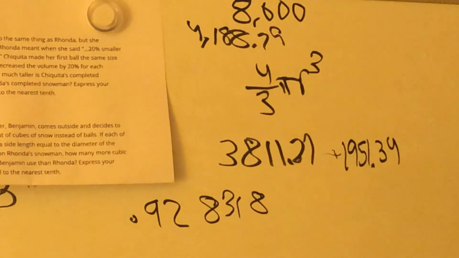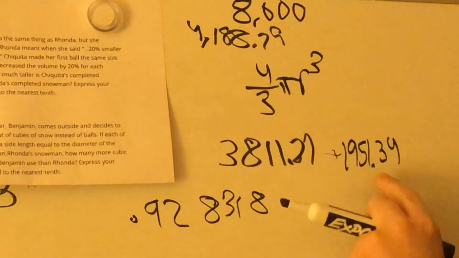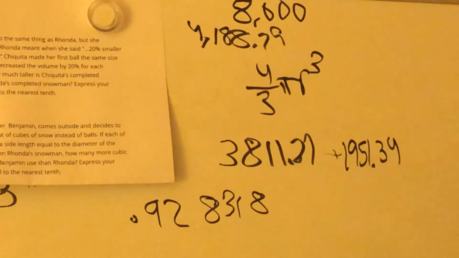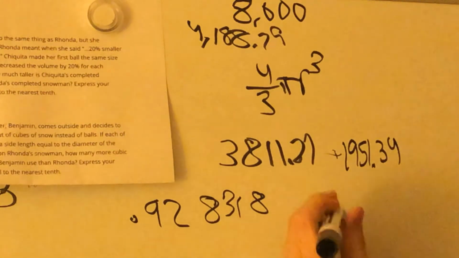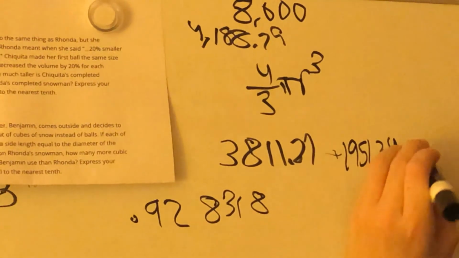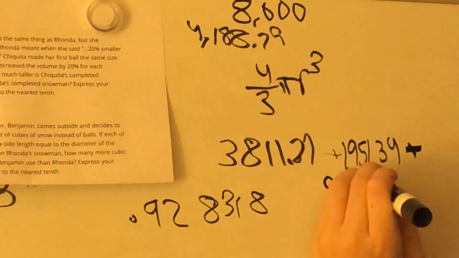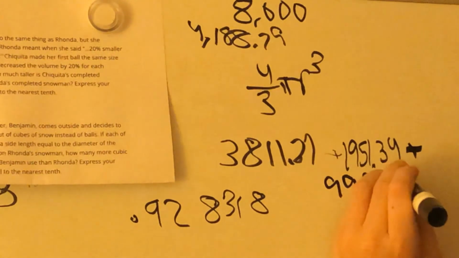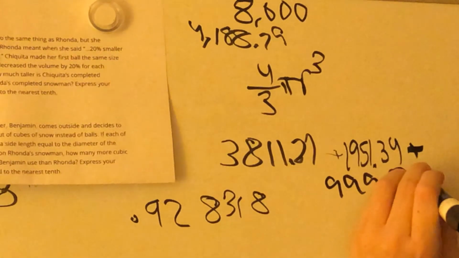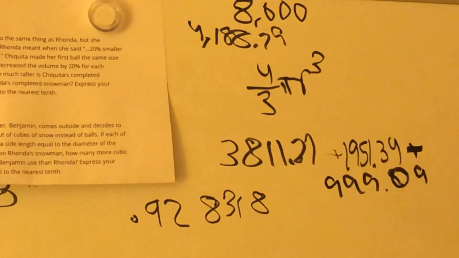Well, we got to square it, so what I'm going to do is multiply this number on my calculator, because I already have it up conveniently, by another 0.512, and we get 999.09. Okay?